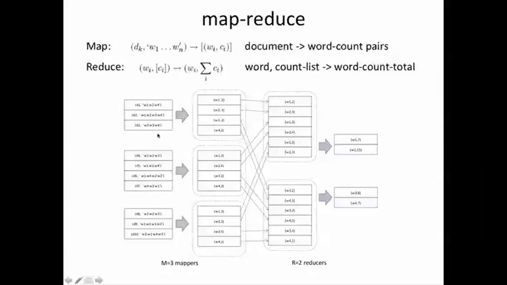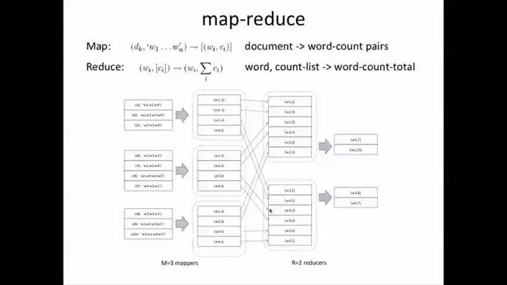The mappers are given data. In this case, there are documents identified by document IDs, which the MapReduce system randomly distributes across the different mapper processors. Each mapper processor thus gets a bunch of documents. It doesn't really know which documents it's getting, it just gets a bunch of them in any random order.